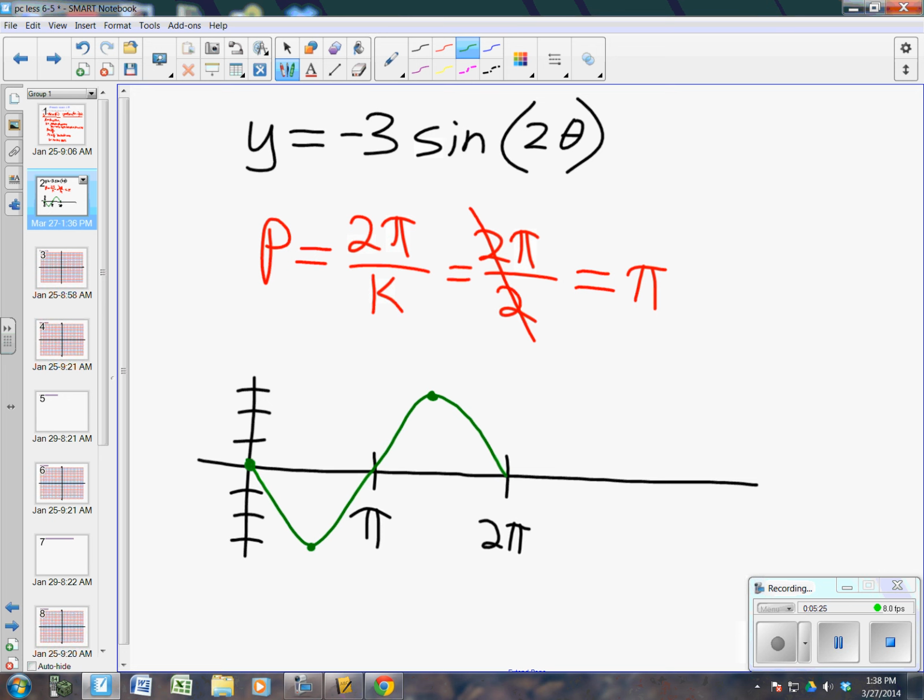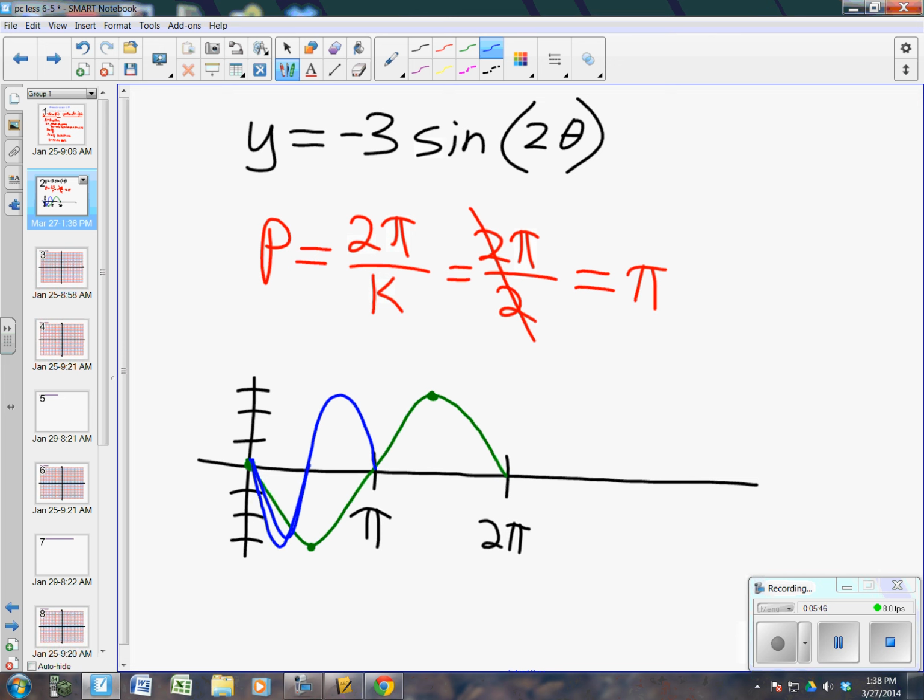But we changed the period. So what's going to happen is instead of one cycle taking place between 0 and 2 pi, one cycle will take place between 0 and pi, right? Didn't quite go down far enough, right there.